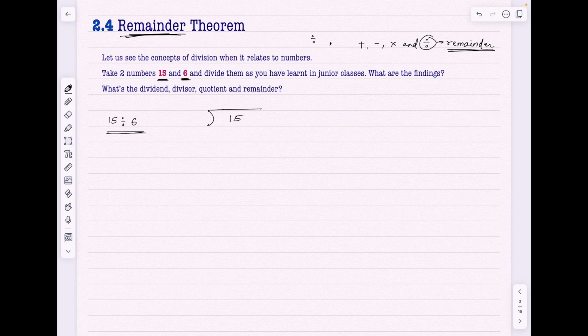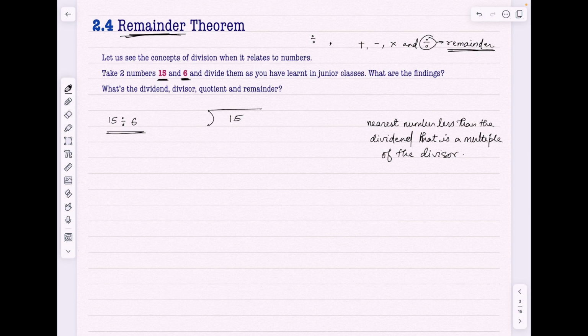You used to find the nearest number less than the dividend that is a multiple of the divisor. Understood?